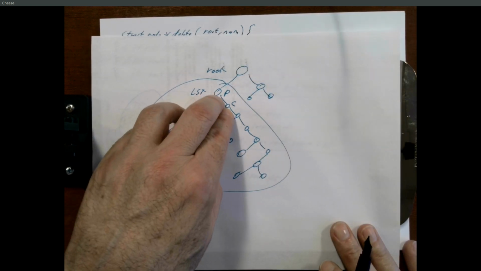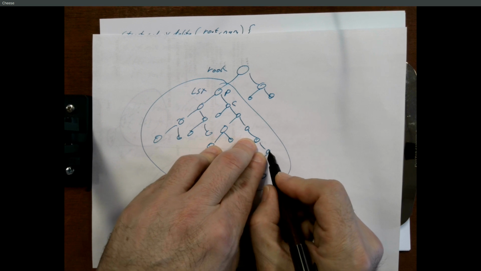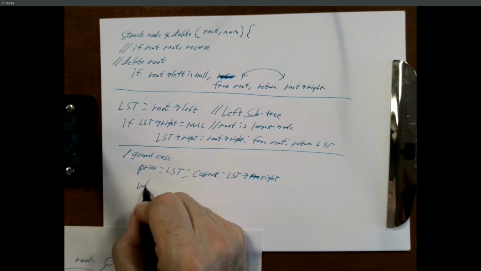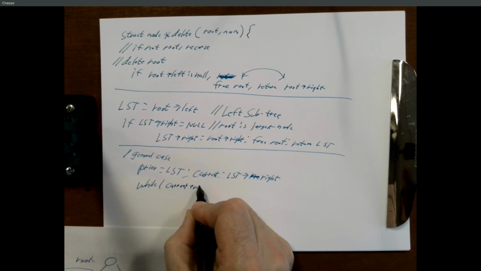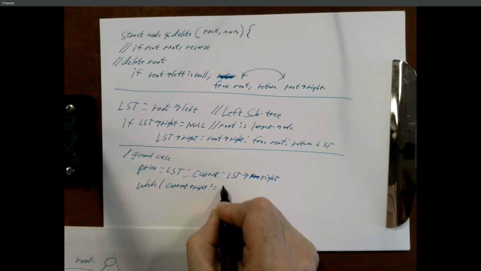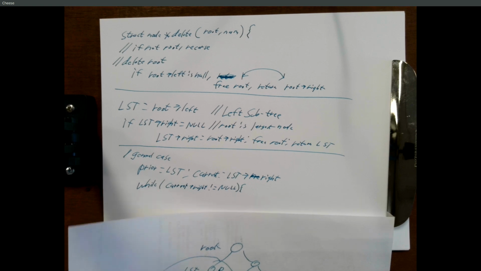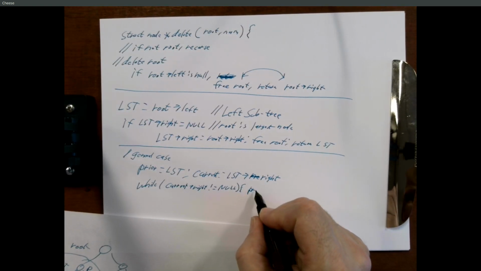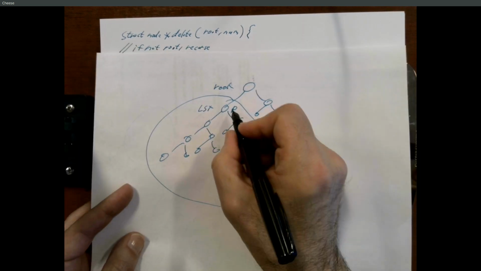So we want to march prior and current down this chain of right children until current is the last element in that chain. So that suggests while current right is not null. So what do we do? Well, we set prior equal to current, and then current will be current arrow right.